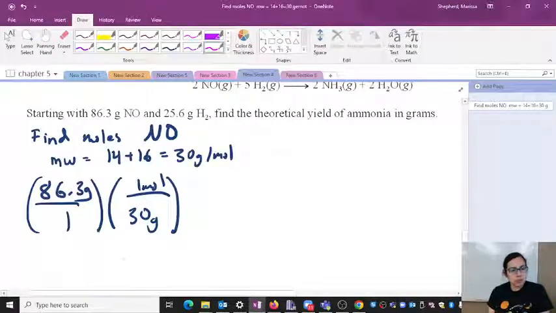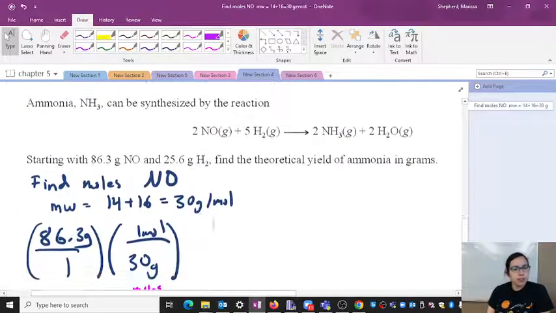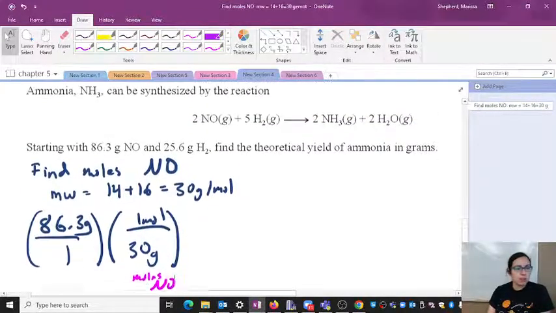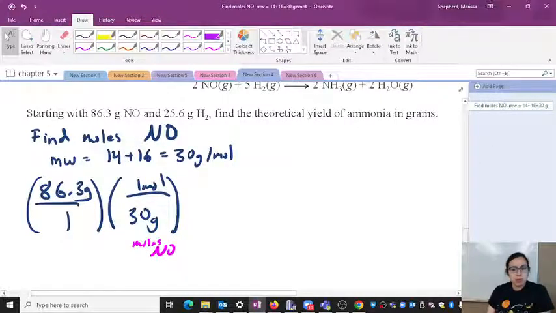So then this gives us moles of NO, but I'm not going to solve it yet. The last thing, so what do I do with the moles of nitrogen monoxide? So we solve for that, and then what do we do with that number?